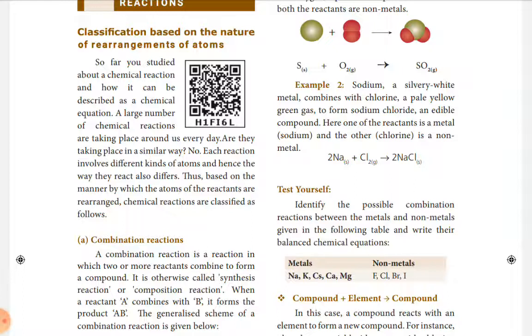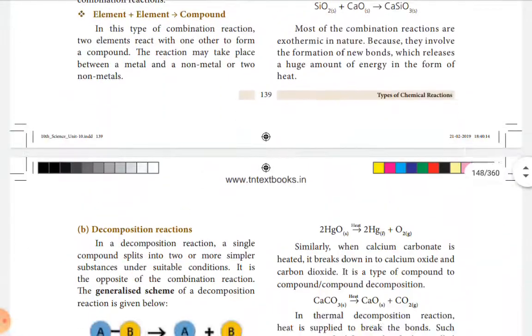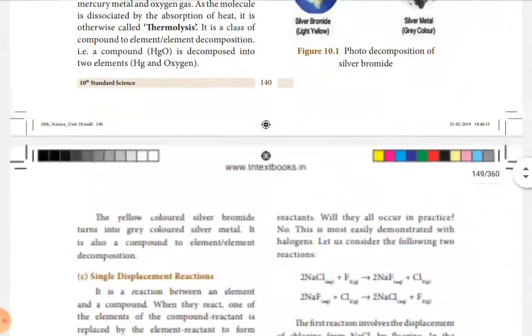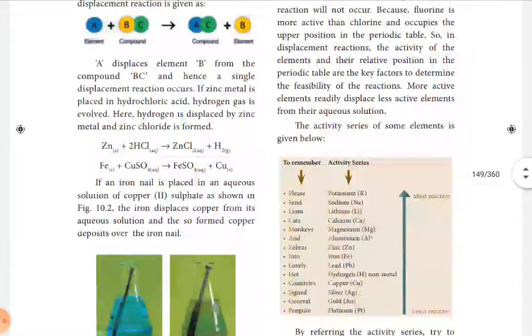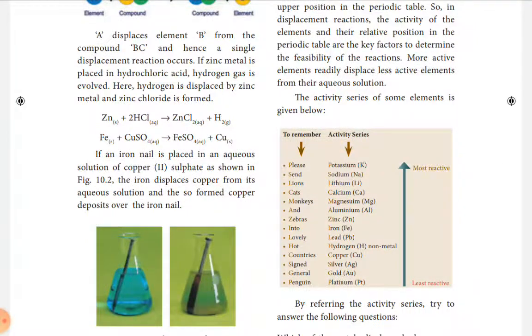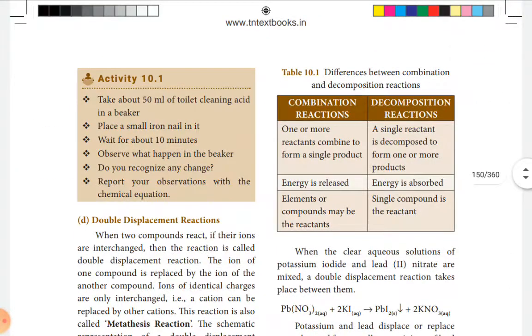Then classification based on the direction of reaction. It is a reversible reaction. Reversible reactions are reactions that can be reversed. That means the product can be converted into reactant.